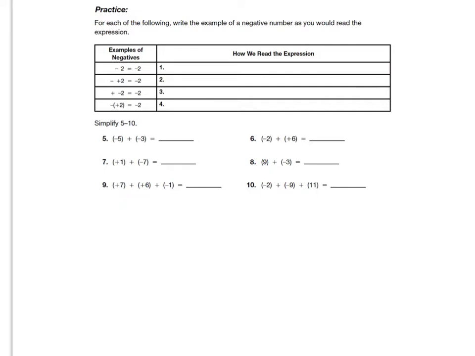Another way that I like to look at it is a number has only one sign. So when there are multiple signs out in front of a number, like example 2, 3, and 4 here, negative, when we're adding and subtracting, negative always wins. So because each of these has a negative, the answers are all negative.